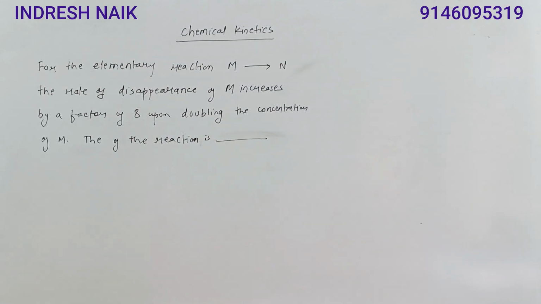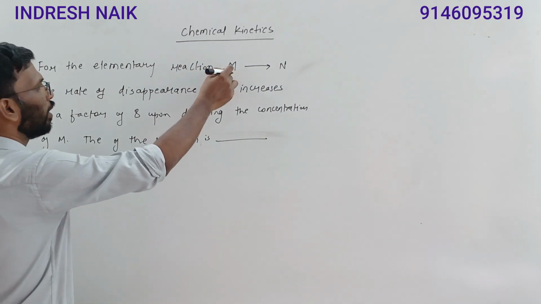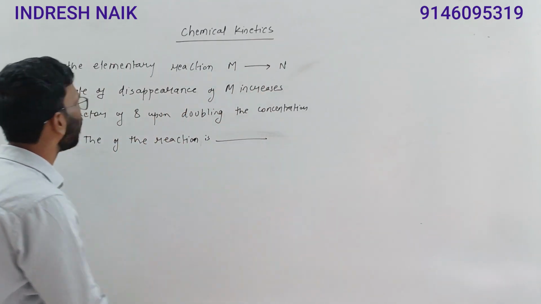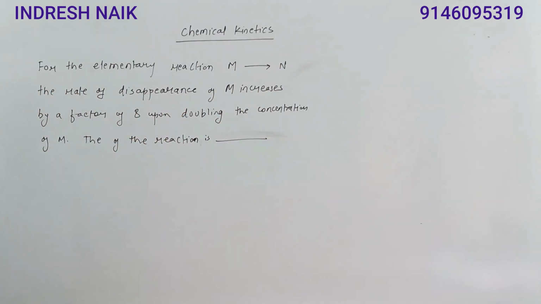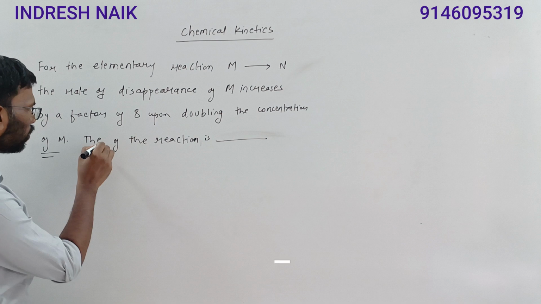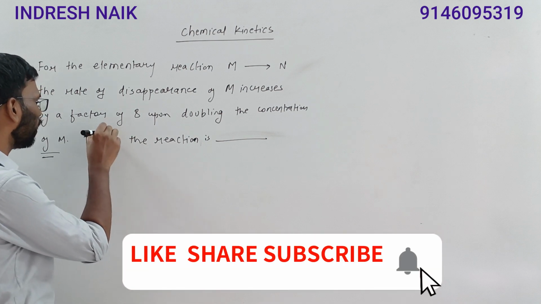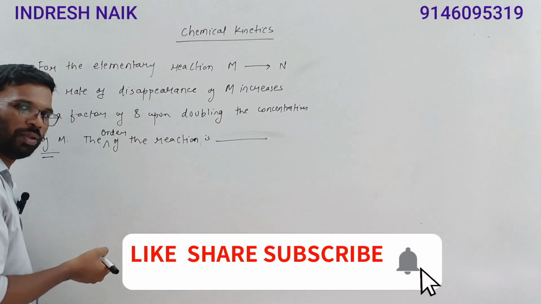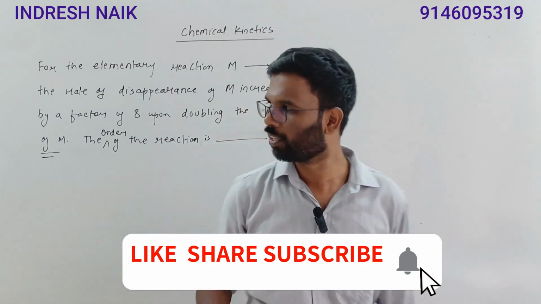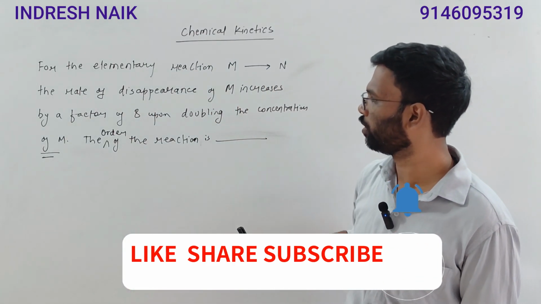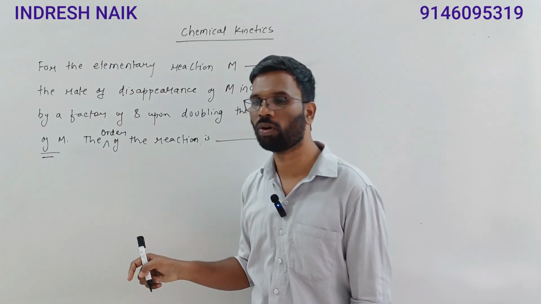Okay, this question: for an elementary reaction, reactant M changing to product M, the rate of disappearance of M increases by a factor of 8 upon doubling the concentration of M. This question asks for the order of the reaction.